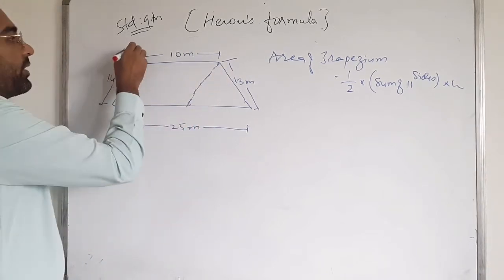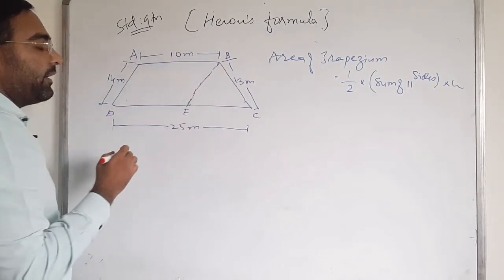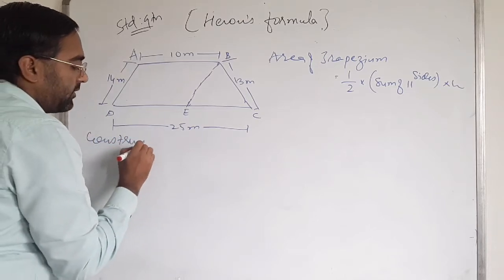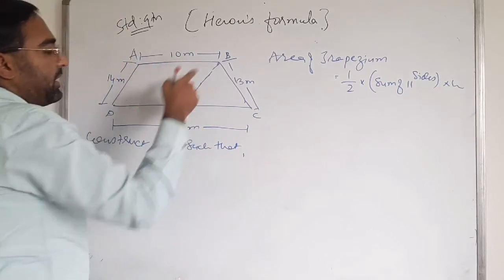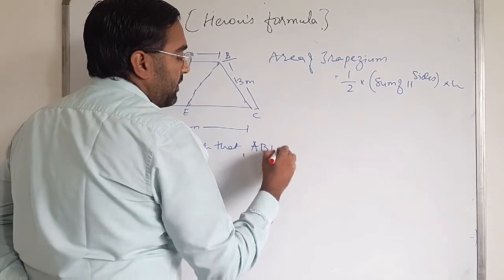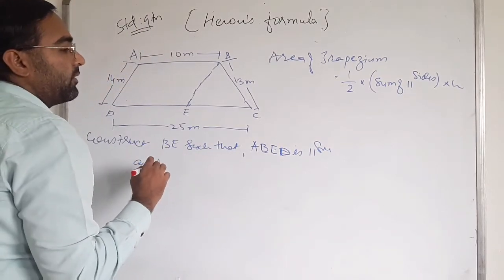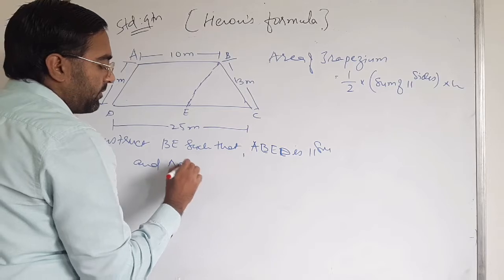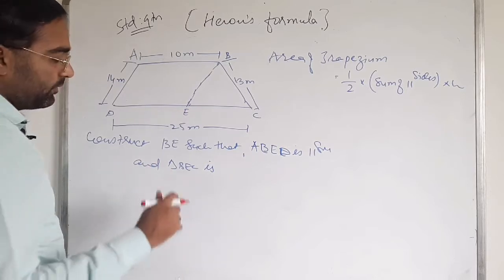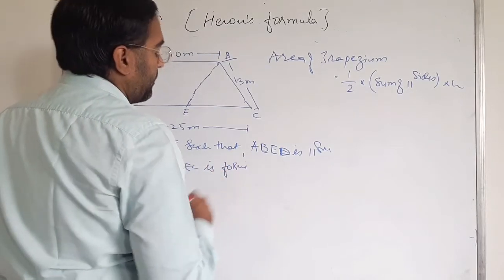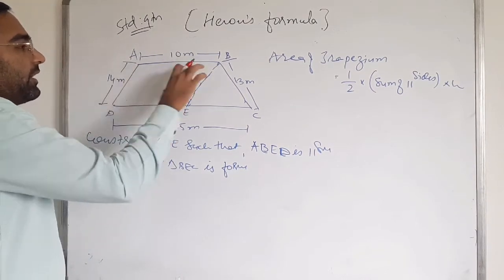Here my trapezium is given as ABCD, and I'll construct BE such that ABED is a parallelogram, and triangle BEC is formed. Now ABED is a parallelogram, so opposite sides are equal.